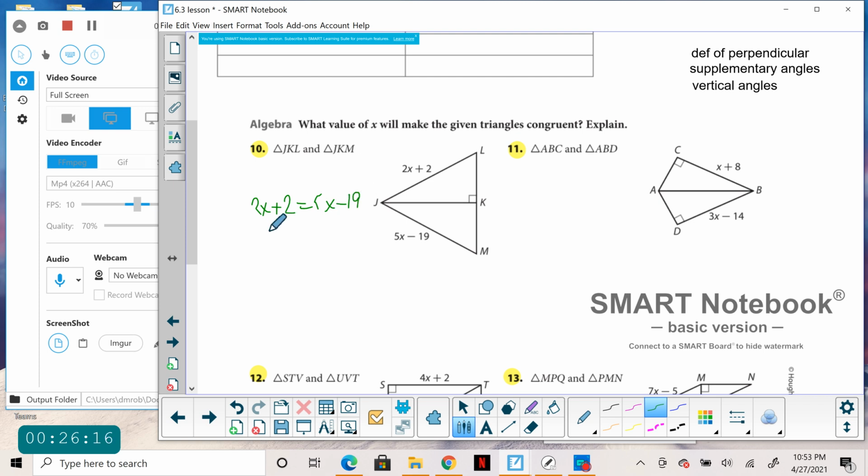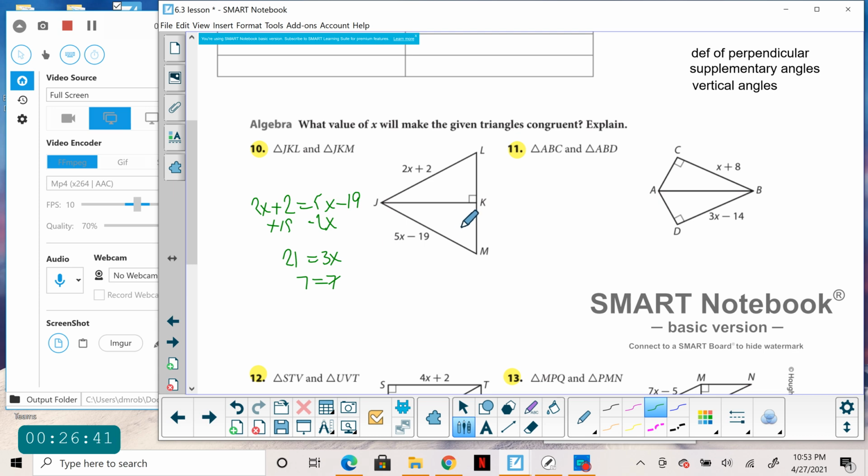We want to subtract the 2x from both sides, and we want to add the 19 to the other side. So we have 21 equal to 3x, so x is equal to 7. Oops, it's an x.